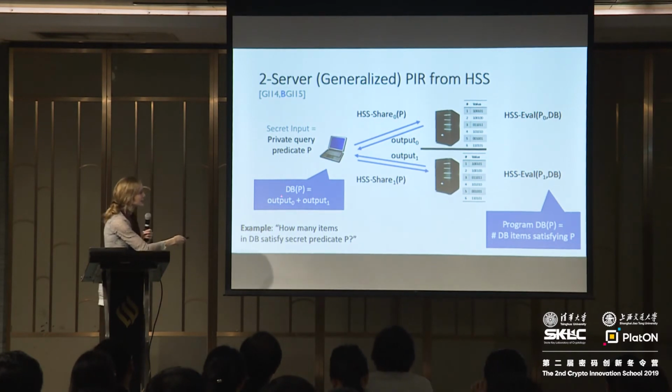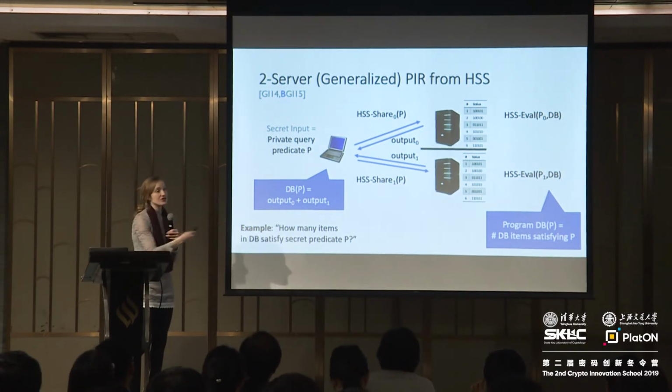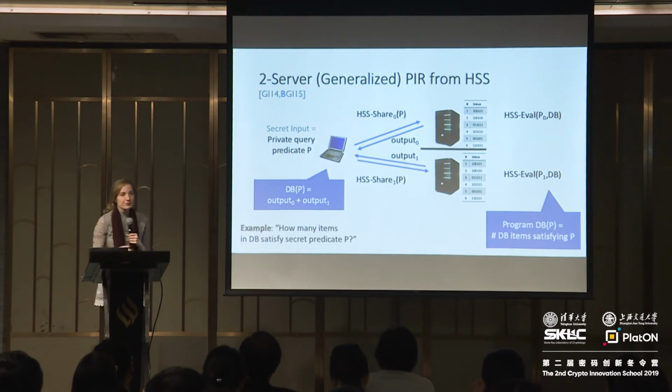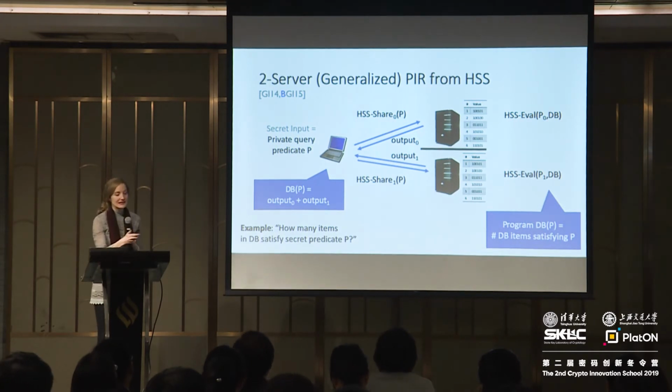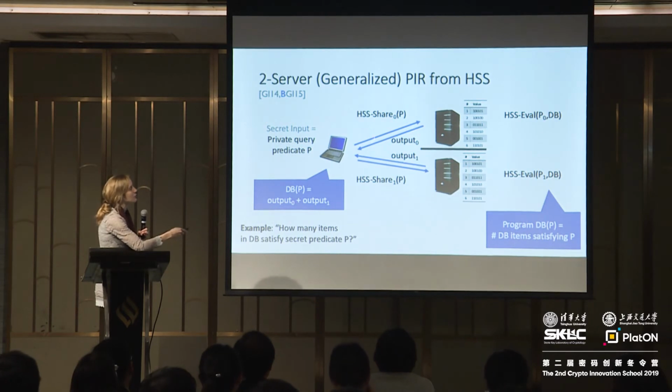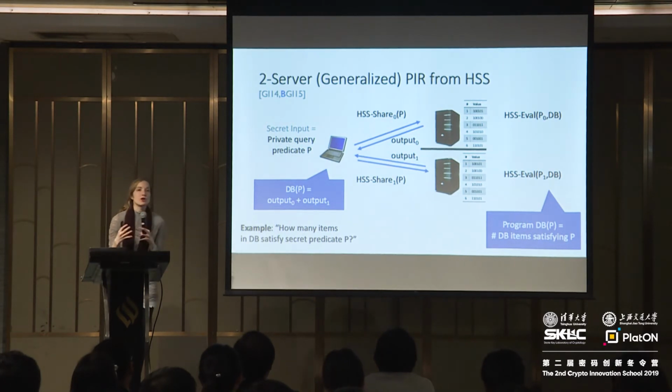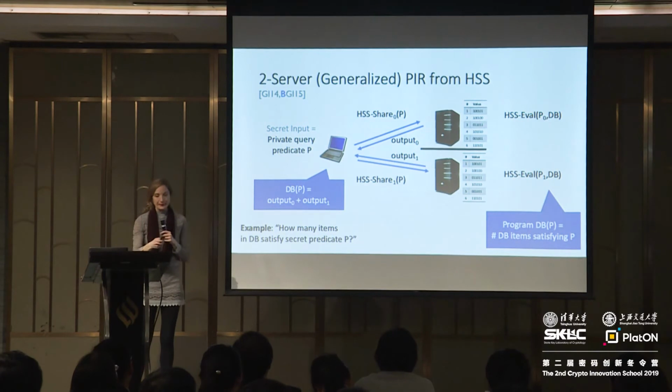And by the correctness guarantee of HSS, the sum of these shares is exactly the function db applied to the secret predicate P. So this also gives us correctness, and it gives us non-triviality as long as these outputs are smaller than the database size.